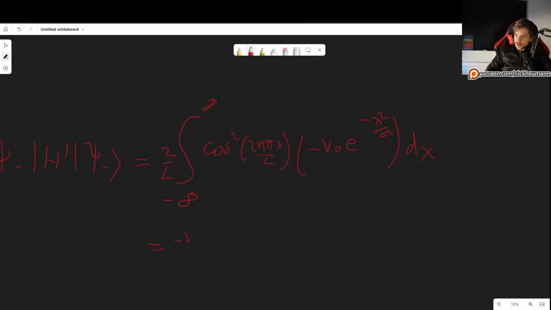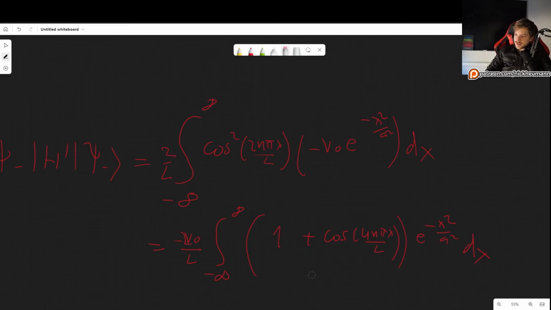Well, we take the constants outside, so minus 2v0 over L, integral from minus infinity to infinity, and now we rewrite cosine squared as 1 plus cosine of 2 times what is inside, so we get 4 times n pi x over L, and this is divided by 2, e to the minus x squared over a squared dx.